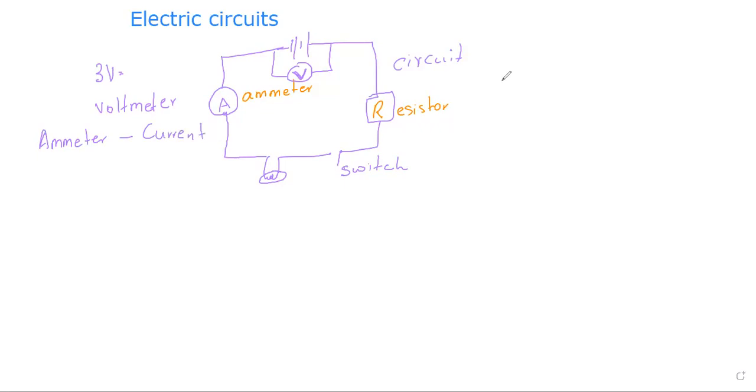Now, in this circuit, the switch is open, which means electrons cannot flow or charges cannot flow in that circuit. Now what happens is, if you measure here, V will measure 3 volts, and this is called the EMF. Why?